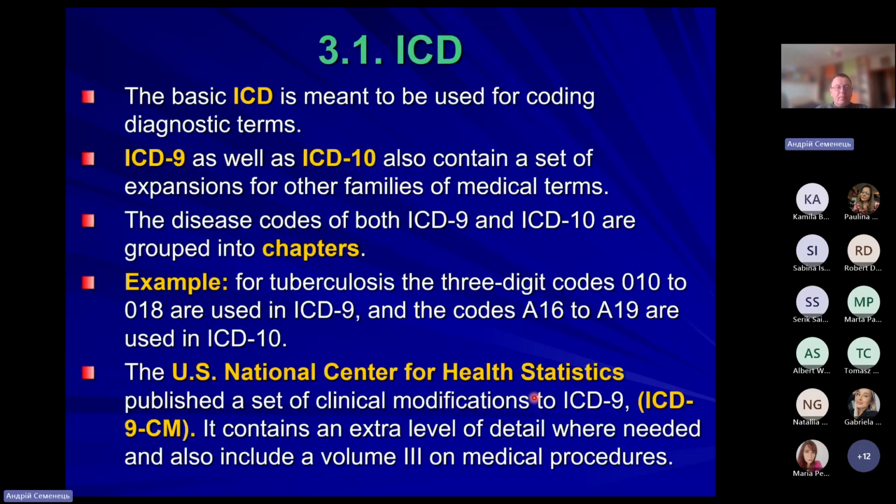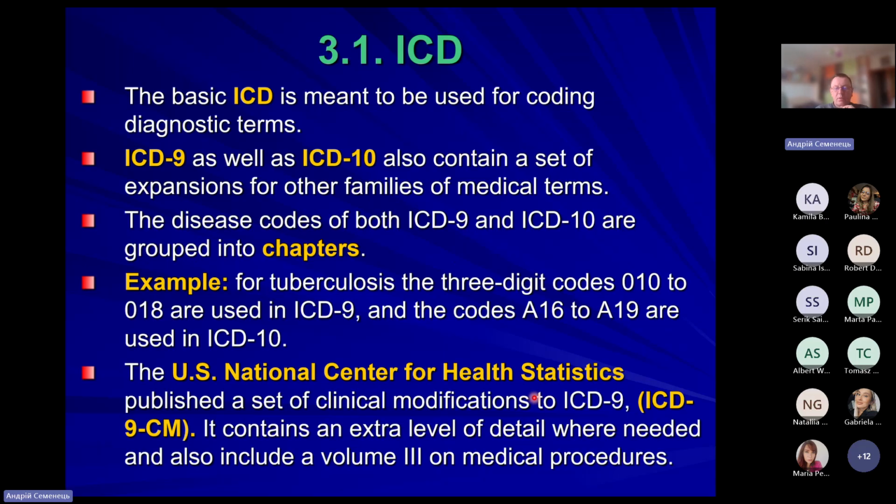So basically it is meant to be used for coding of diseases. In both cases, ICD-9 and 10 contain a set of extensions for other families of medical terms. Disease codes for all 3, ICD-9, 10, 11, are grouped into chapters.